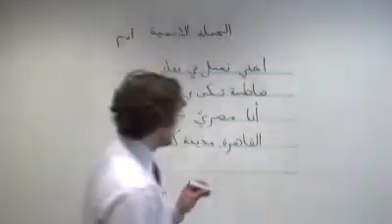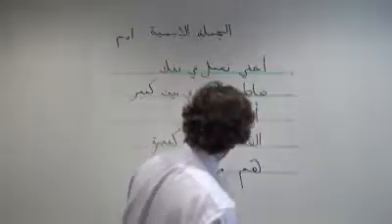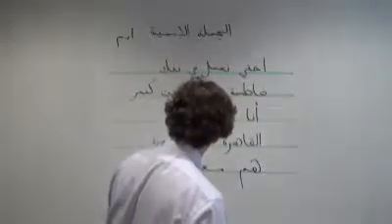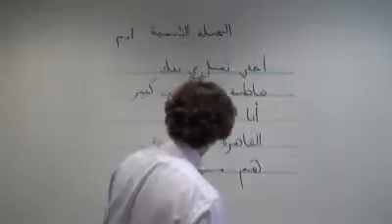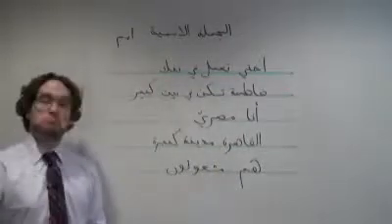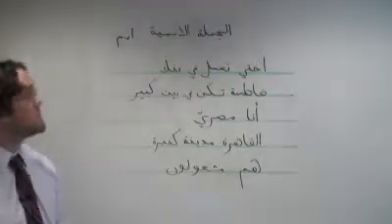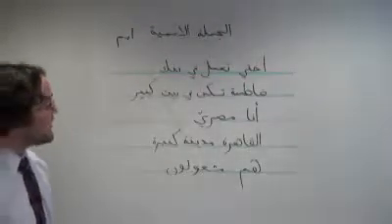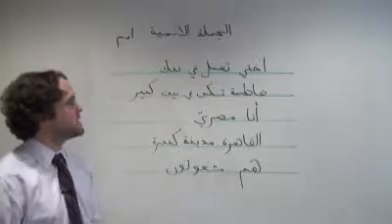Cairo is a big city. Or هم مشغولون. They are busy. So we can express a lot of different ideas using جملة اسمية.